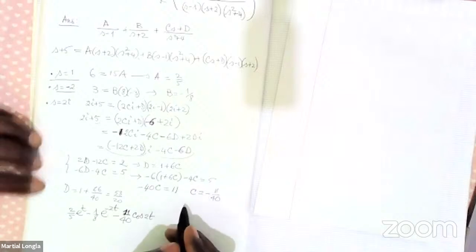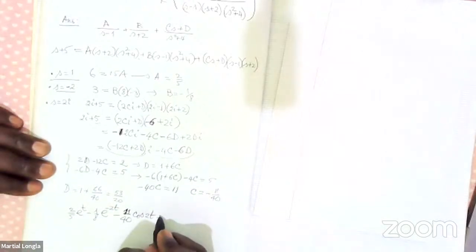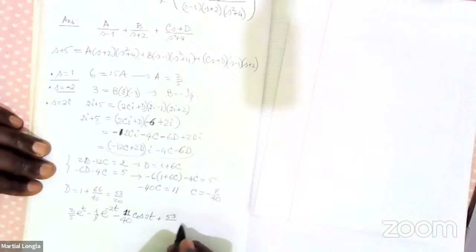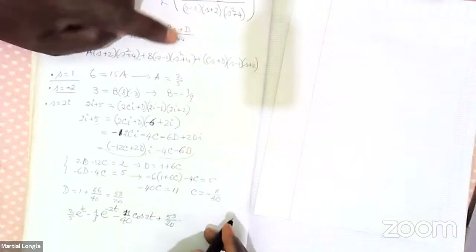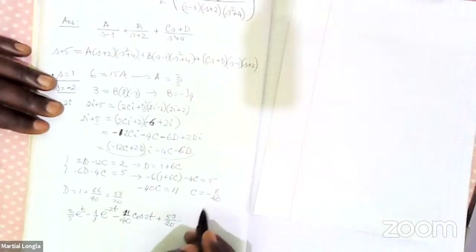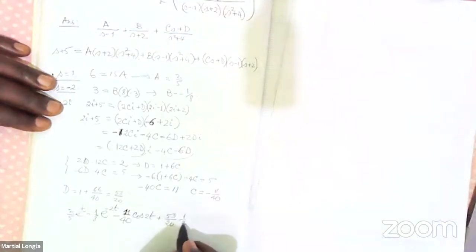And then d, 53 over 20, and then 1 over s squared plus 4, that's 1/2 of sine 2t, just reading the things from the book.